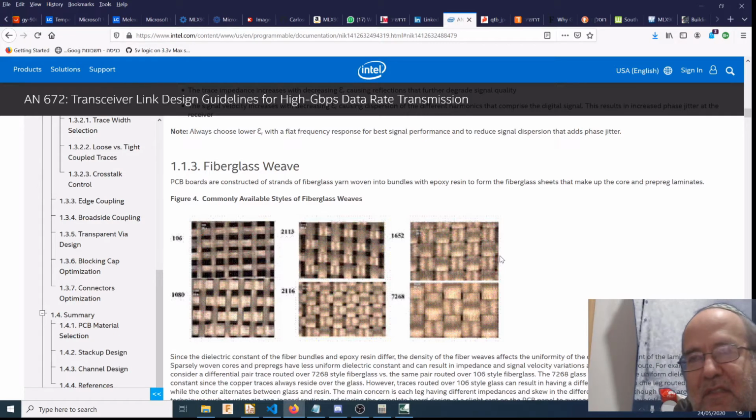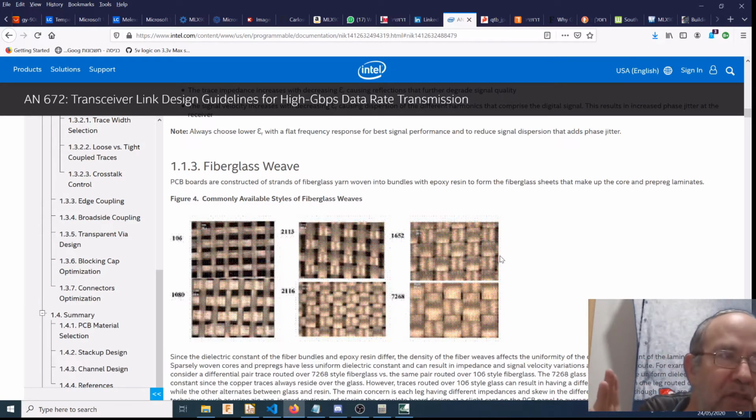The next discussion is to do with FR4. PCB material is basically woven fiberglass. And your fiberglass has different electric properties, whether you are over the weave or whether you're over the glue.